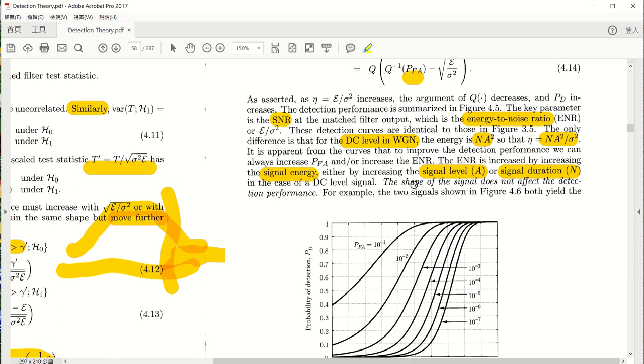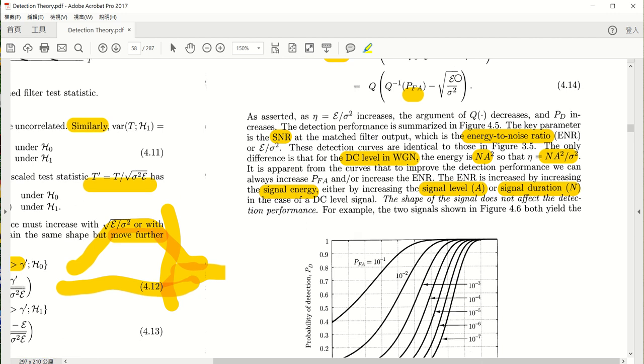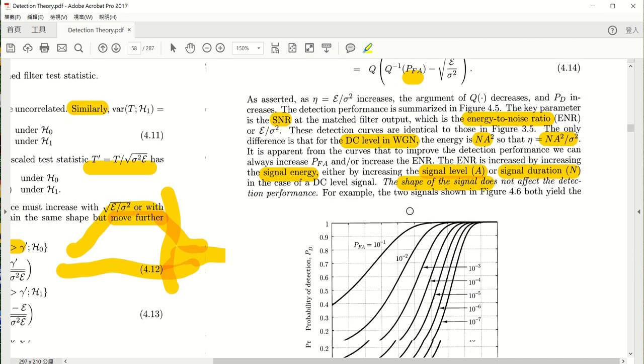So the shape of the signal does not affect the detection performance, right? We have talked about epsilon, which is the signal energy, but here the signal S is summarized in this signal energy. So the shape becomes insignificant here, right?